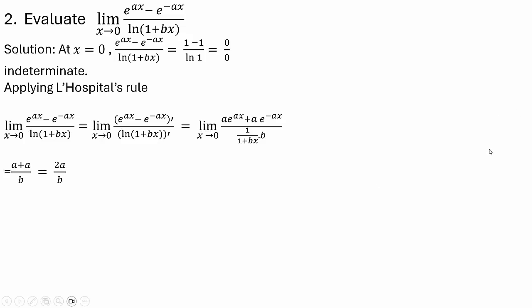We will get (a plus a) divided by b, because a into e raised to 0, e raised to 0 is 1, plus a into e raised to 0, 1, divided by 1 plus 0, that is (a plus a) divided by b, that is 2a by b.